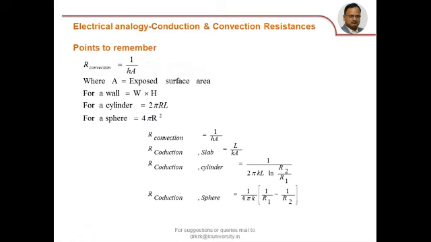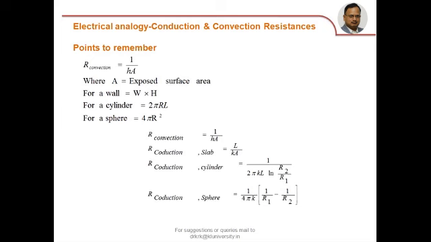Now, we have seen the resistance offered for conduction and convection. The conduction resistance through a slab, through a cylinder, and for a sphere we have seen, and the convection resistance for the surface when it is exposed to the convective environment is also discussed.